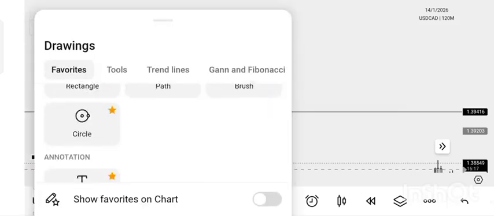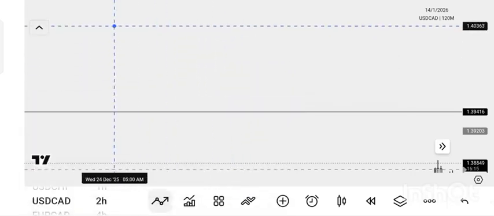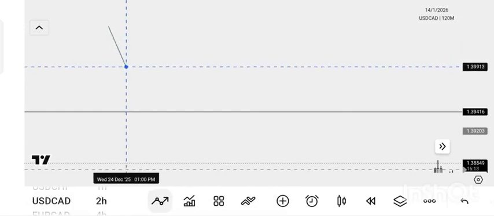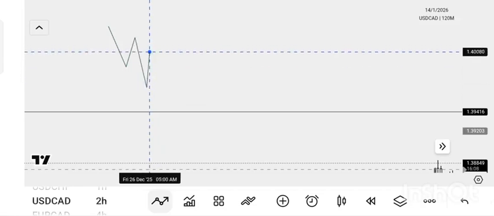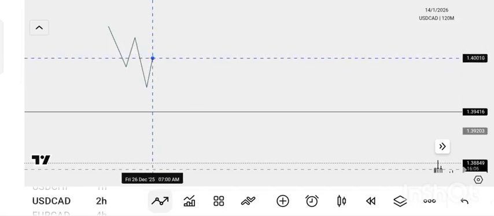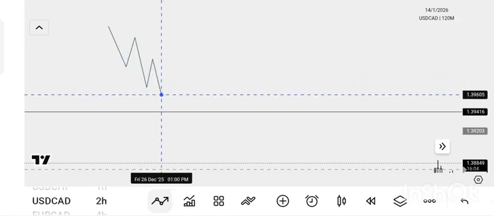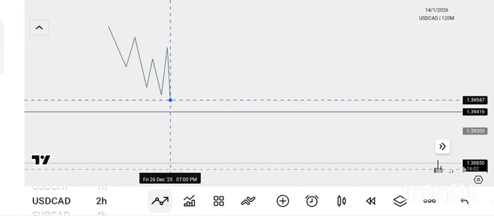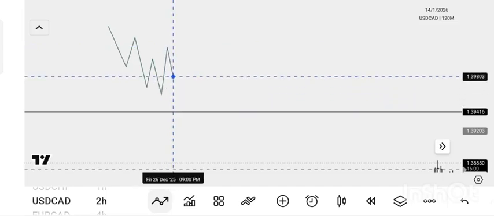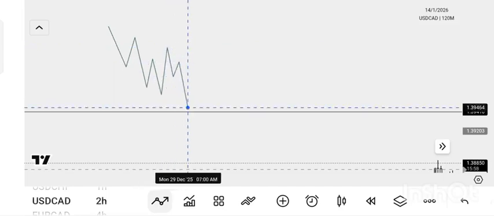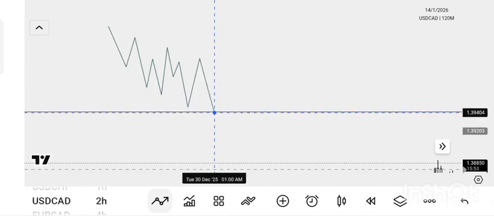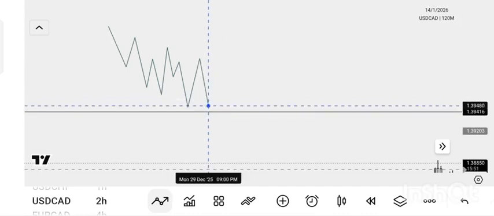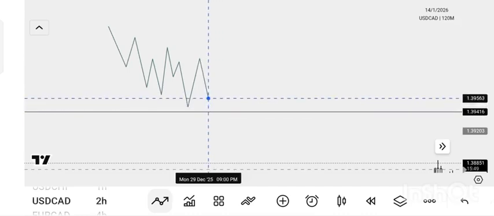Let's say this is our downtrend, lower lows, lower highs, lower lows. Price picks up liquidity, creates another low, picks up liquidity again, and then comes into a key level like this.